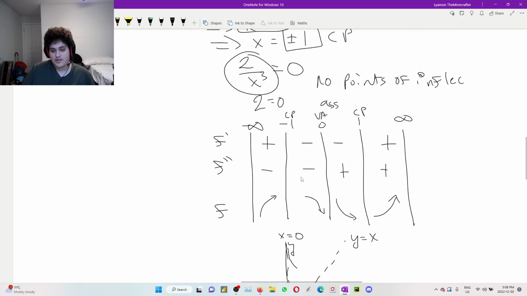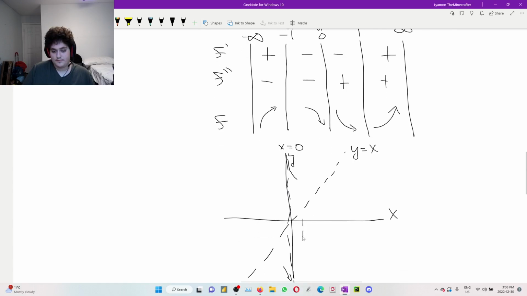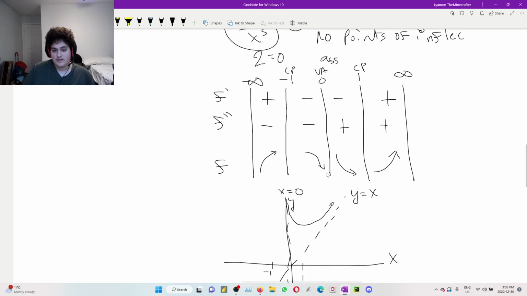Oh, our critical points are negative 1 and 1, so clearly this is going to be a local max and this is going to be a local min, right?